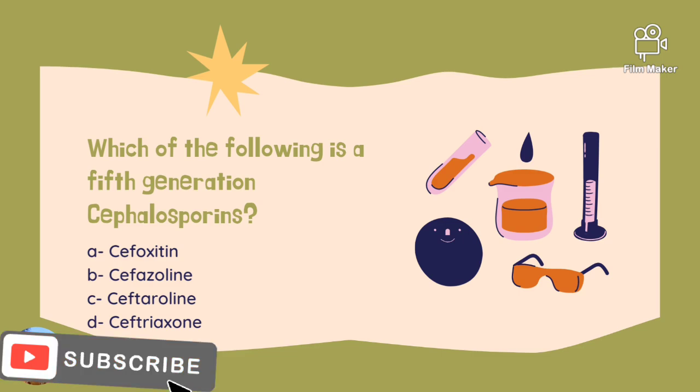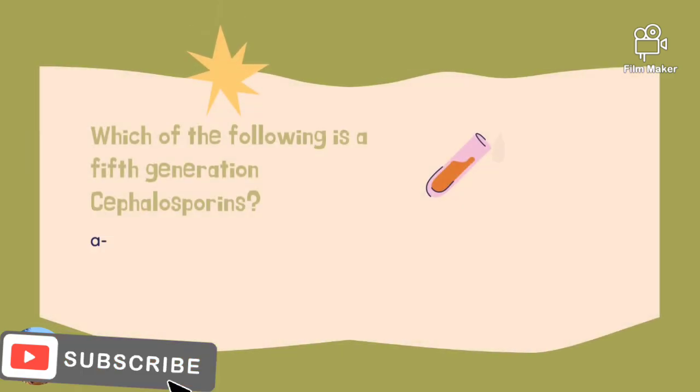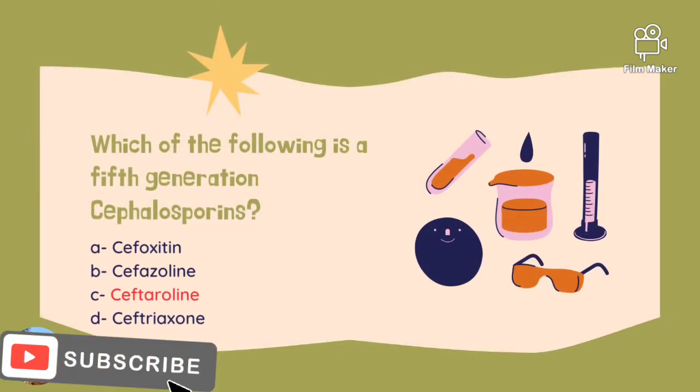So we already have ceftaroline, which is active against methicillin-resistant Staphylococcus aureus, MRSA, and gram-positive bacteria, and it's the fifth generation of cephalosporin. So the answer will be C, ceftaroline.